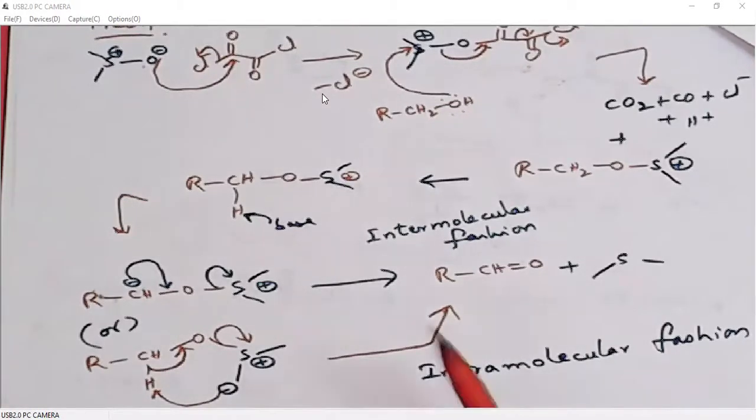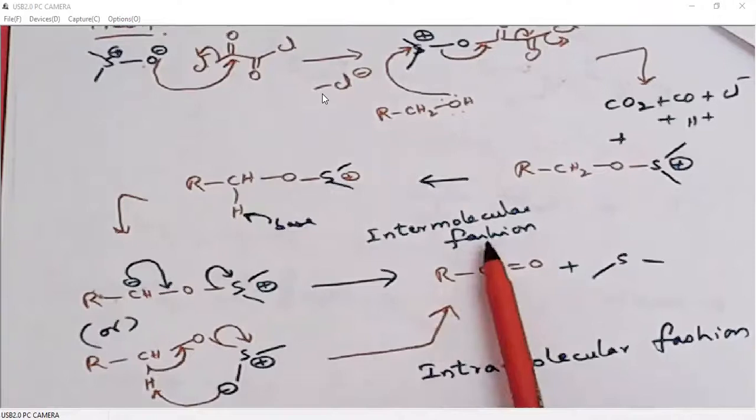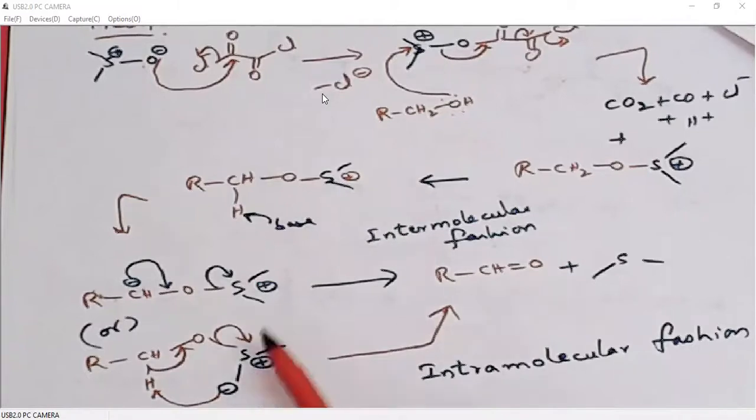We can show this in intermolecular fashion, or in intramolecular fashion. For intramolecular fashion, we need to take out a proton from this carbon, so it generates a sulfur ylide.